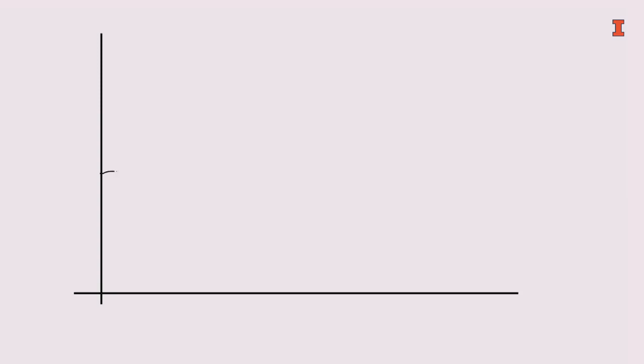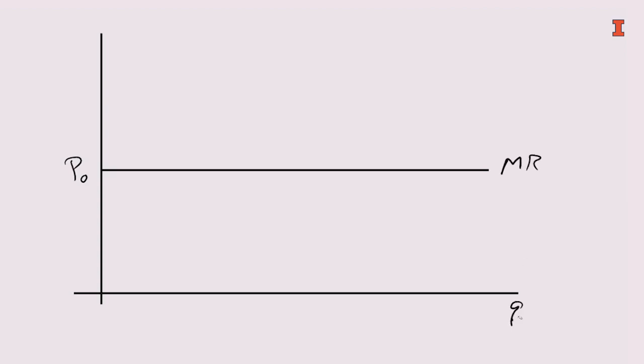And I've got a marginal revenue curve. That marginal revenue curve is horizontal at price P0. I'll put Q on the horizontal axis, and dollars and cents on the vertical. And I've got some marginal cost curve, and I have an average cost curve.